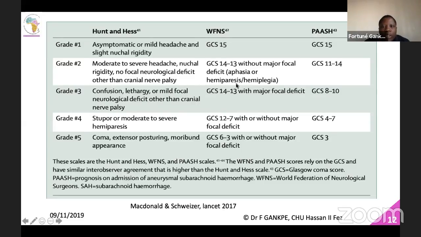Grade 2 is a patient with GCS 13 or 14 without major focal deficit such as aphasia or hemiparesis or hemiplegia. Grades 3, 4, and 5 concern patients in poor neurologic condition. For example, a grade 5 patient comes with GCS 6 or 3, with or without major focal deficit.